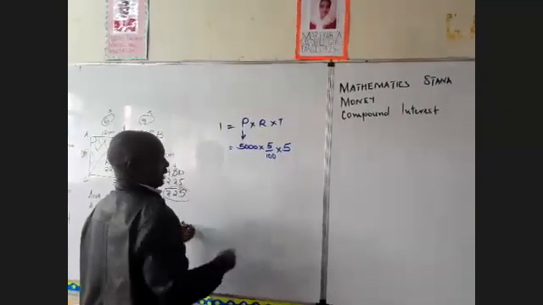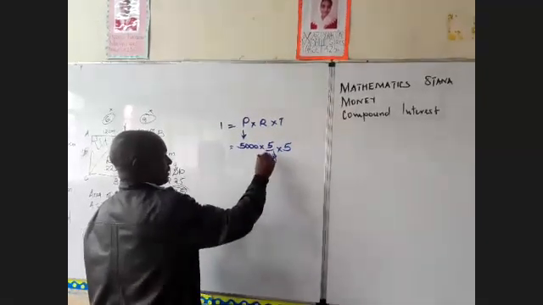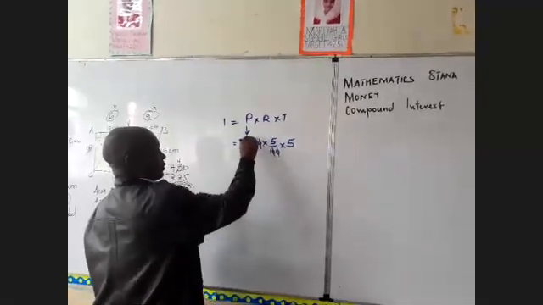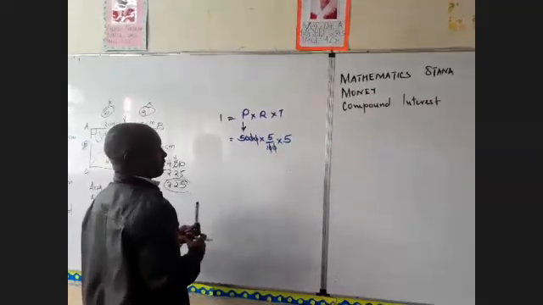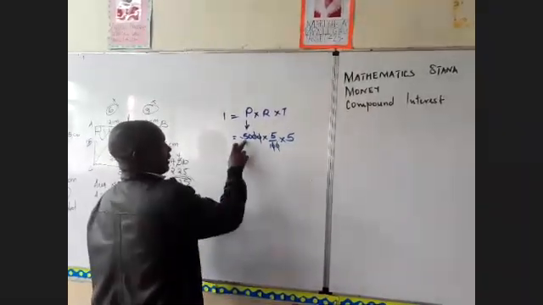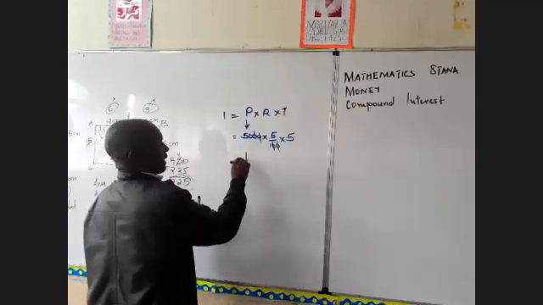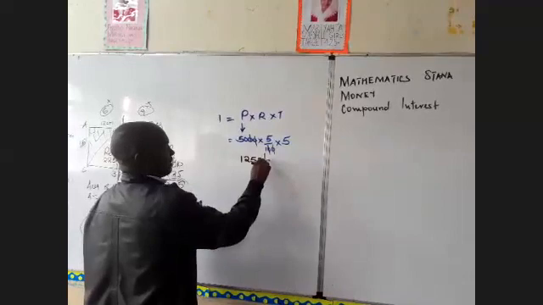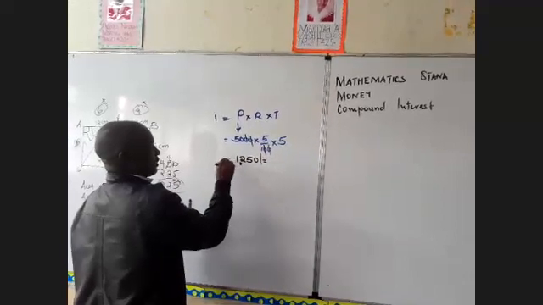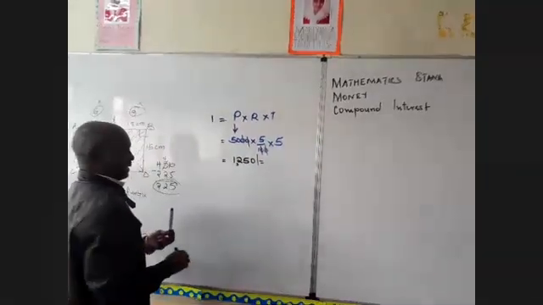You'll simply say, as yesterday, the 2 zeros will be the 2 zeros. 5 times 5 is 25. 25 times 5 is 125, 0. So the interest was 1,250.